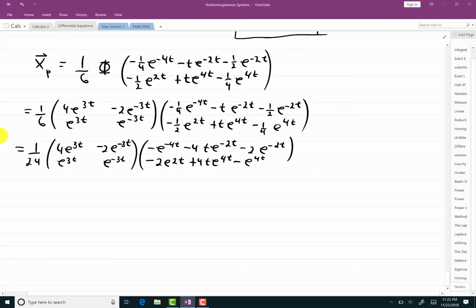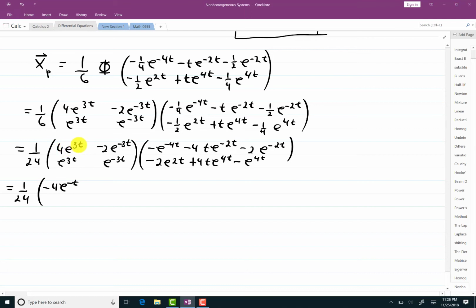And I'm ready to multiply it all out. I probably should have taken out the negative 1/4 and gotten rid of a lot of negative signs, but no big deal. Let's see what we have. I need to do this row times this column. First I'll have 4e to the 3t times everything up here. So we'll start 4e to the 3t times negative e to the negative 4t. That'll be a negative 4e to the negative t.